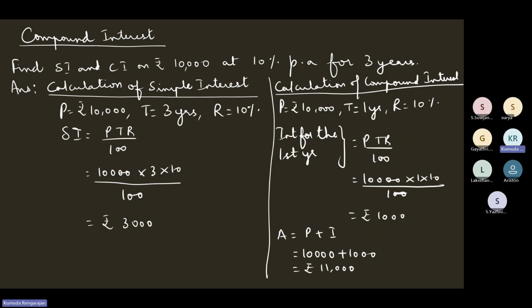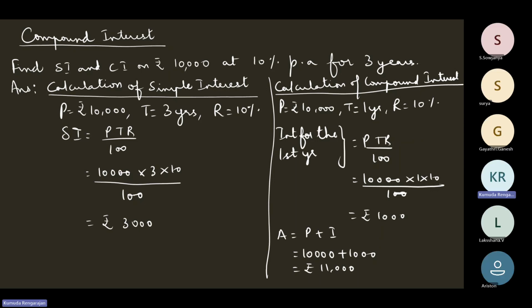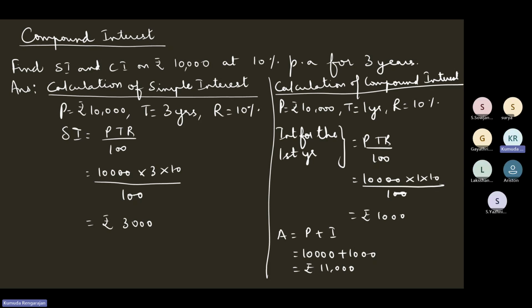We're calculating the simple interest and the compound interest on 10,000 rupees at 10% for 3 years. Let's see if the two interests are the same or if one is more than the other.